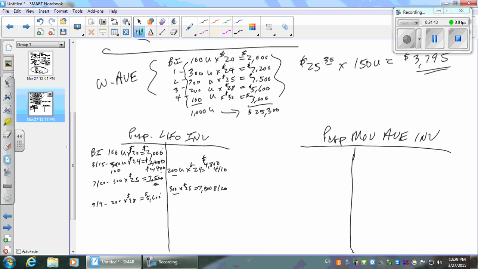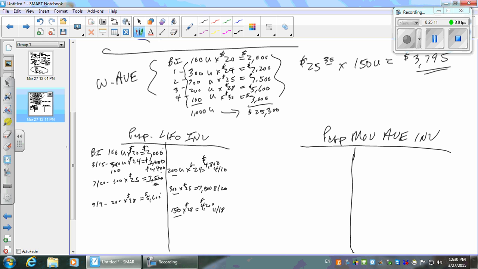And then on November 18th, is it? They sold 150. It's 150 that last one, isn't it? 150 times 28. 4,200. Debit cost of goods sold, credit inventory again, right?